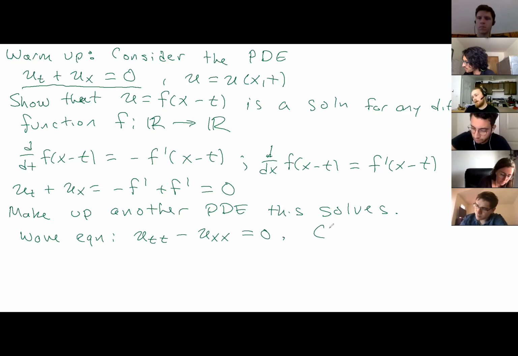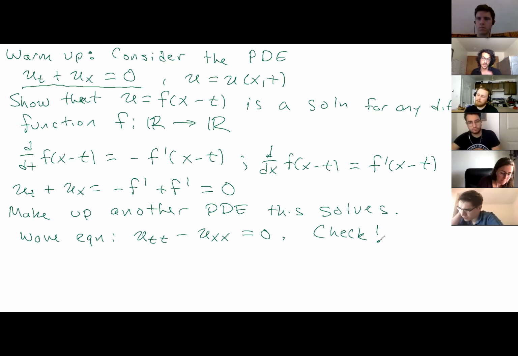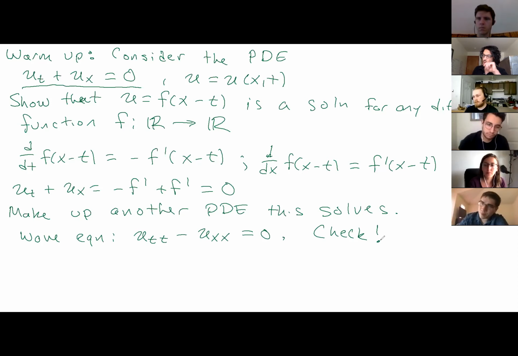And I won't go through this because we'll circle back to this later, but you can check that that works. The reason I bring up this example is that it illustrates a few major points that we're going to encounter in this class. So first of all is the notion of what's called a characteristic.